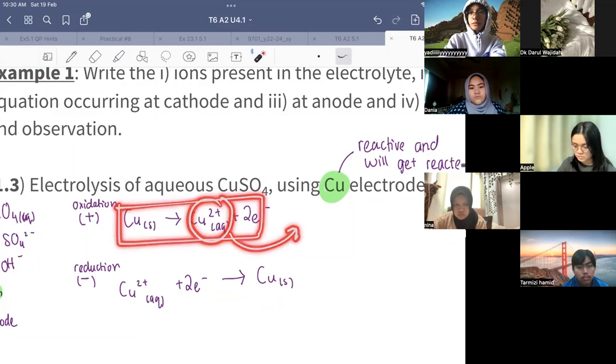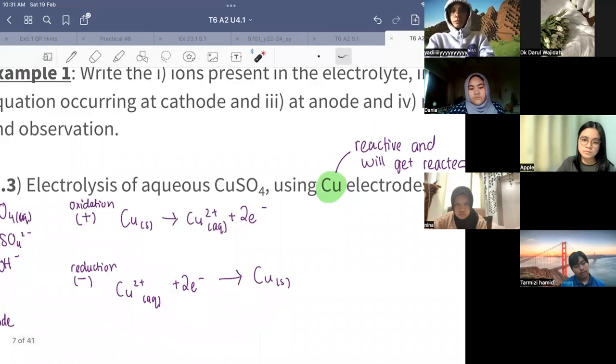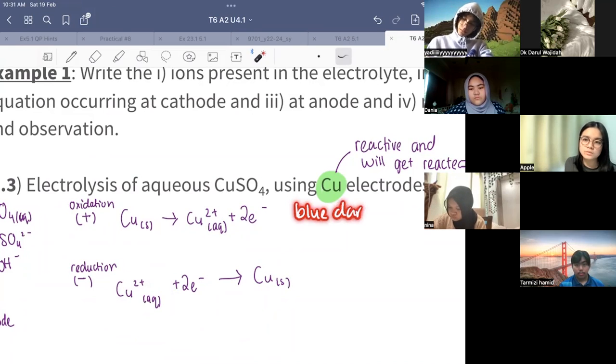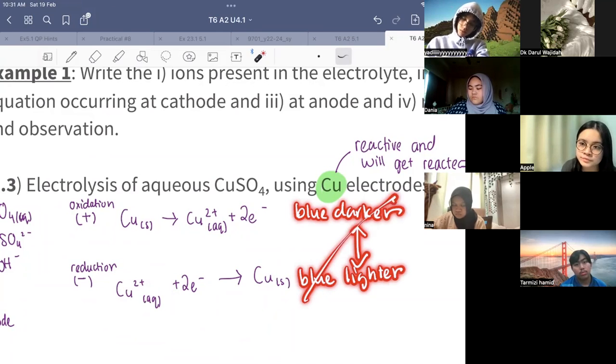At the reduction, our Cu2+ aqueous is being used up to form copper, so the blue is lighter. If something is getting darker and the other one is getting lighter, it cancels out.